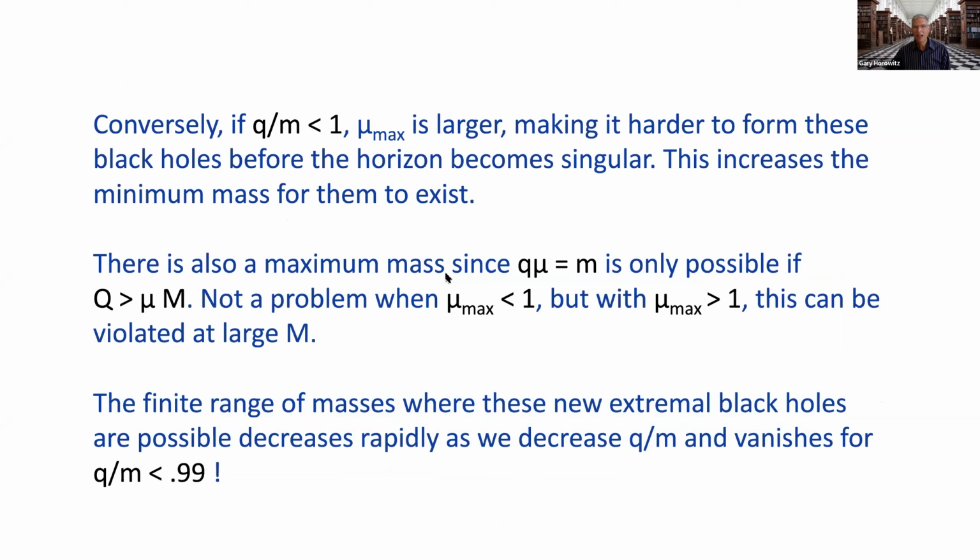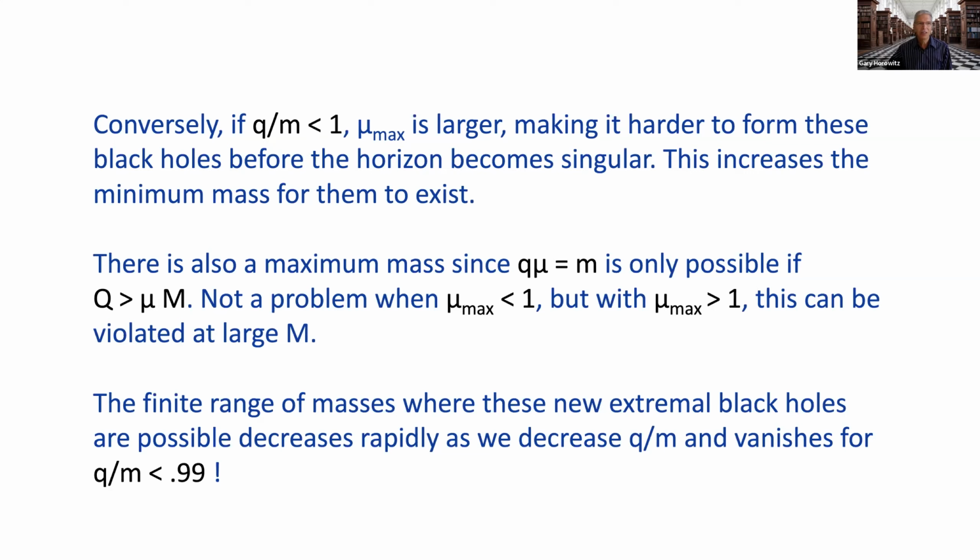But there's also a maximum mass, because we said that if this asymptotic condition is saturated, you have solutions only when the black hole charge is bigger than mu times the black hole mass. Now, it's not a problem when the maximum mu is less than 1, because whenever Q is bigger than M, it'll be satisfied. But now, if Q over M is less than 1, you get a maximum mu which is bigger than 1.